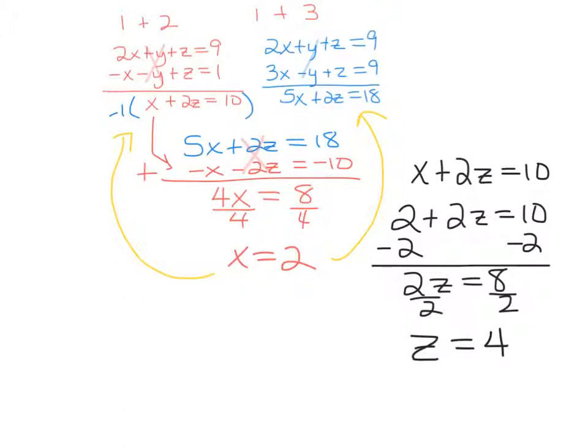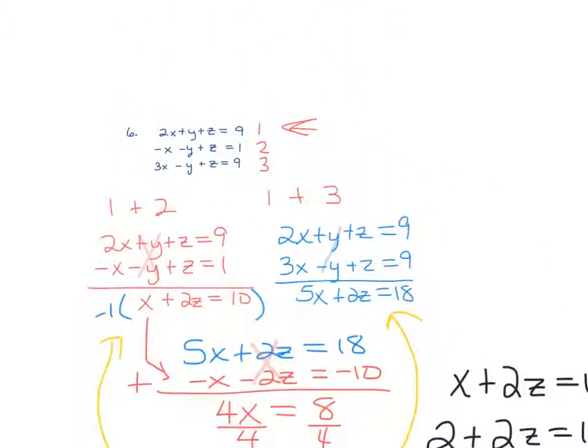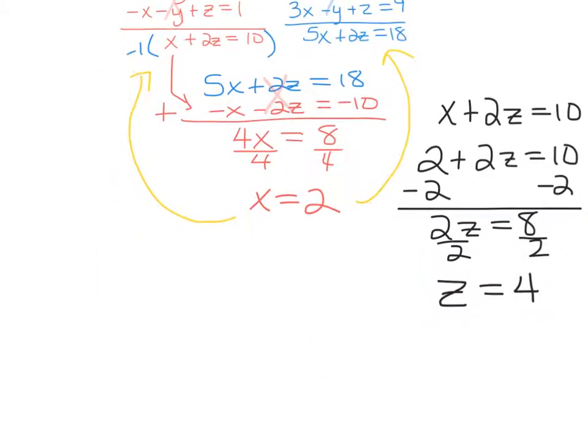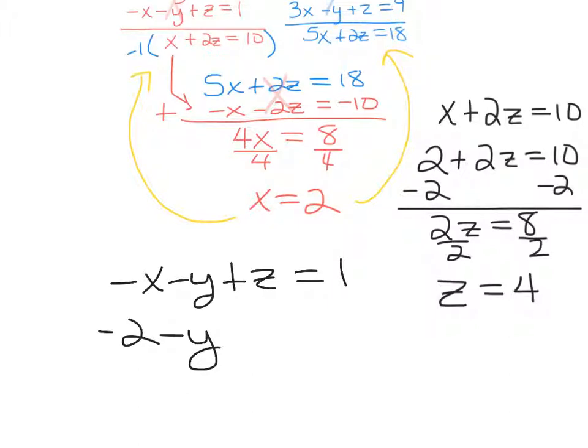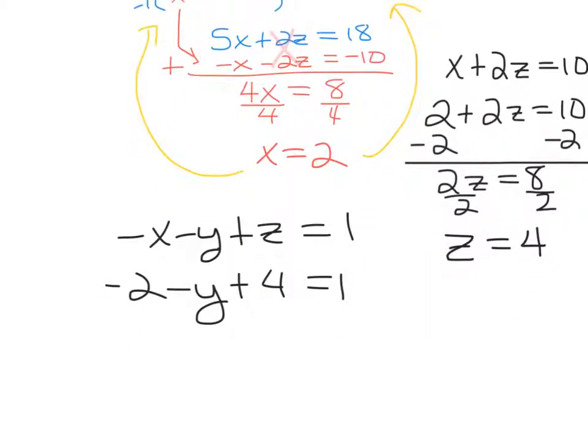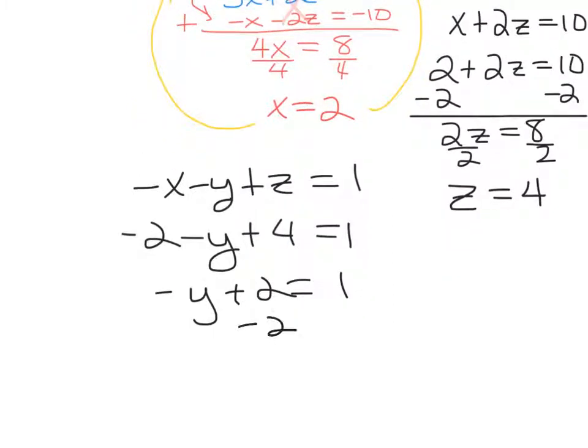Now to find y, I've got to go all the way to the beginning. And again, it doesn't matter which one of the 3 you choose. You're still going to get the same answer. So I think I'll do the middle one. So the middle one was -x minus y plus z equals 1. So x put in there, y I don't know, z is 4. And now combine like terms and solve.